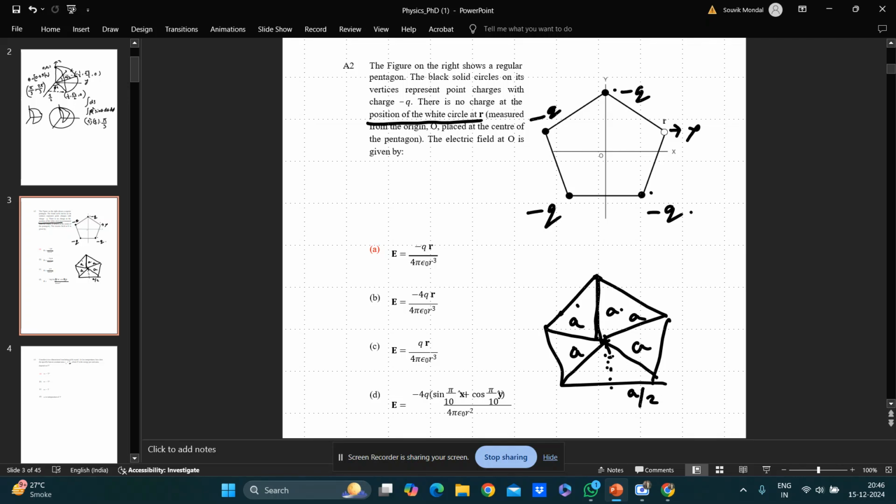And you have these components. This plus and minus q charge will act with a force in the upward direction, say plus q charge is here. It will push and it will also pull these sides.